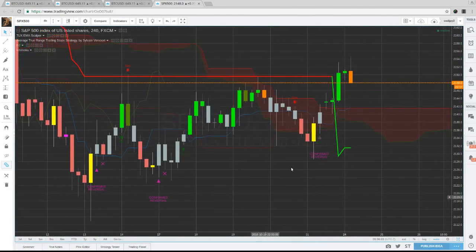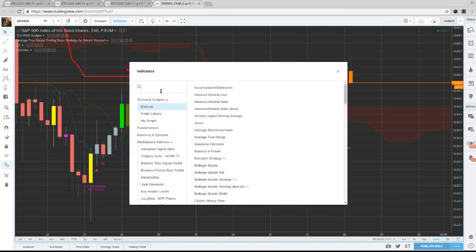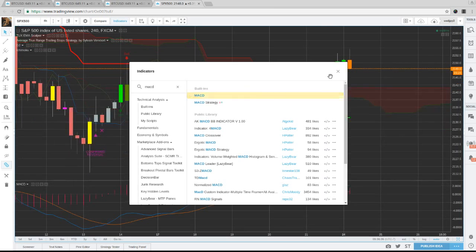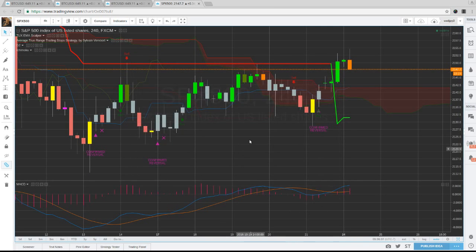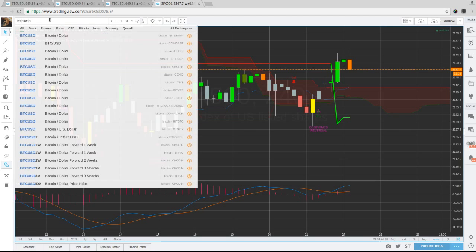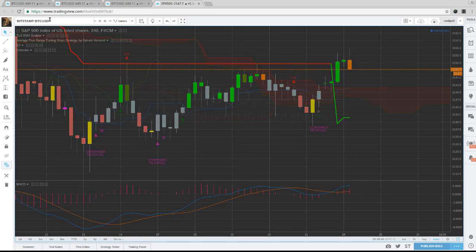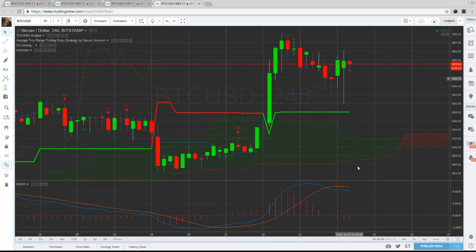Because with the MACD, and this is S&P 500 by the way, with something like the MACD, moving average convergence divergence, let's see if it comes up. You get crosses. So let's go to BTC USD. You get crosses here. Still bullish.